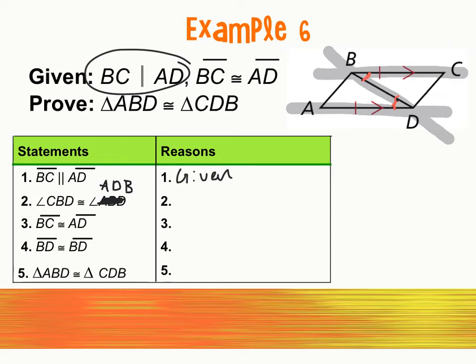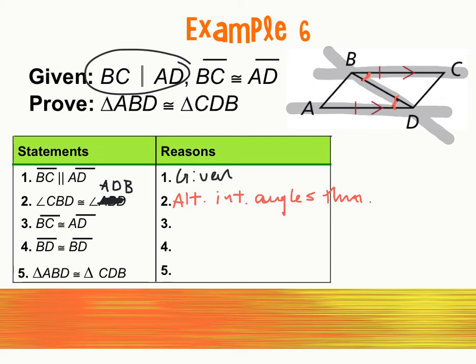So this is our reason for why CBD and ADB are congruent, because of alternate interior angles theorem. So this says alternate interior angles theorem. I just abbreviated a little bit.